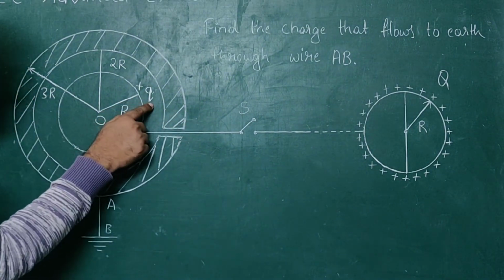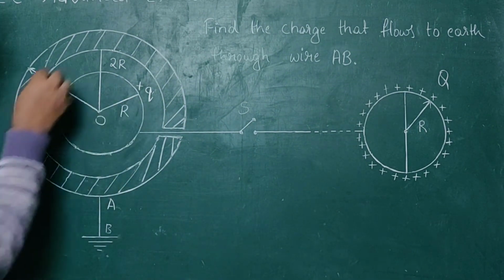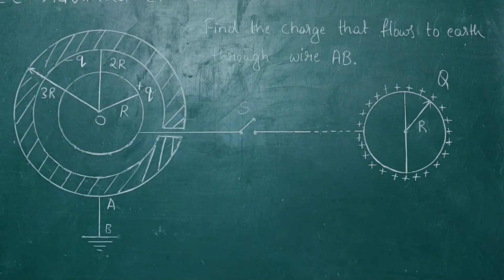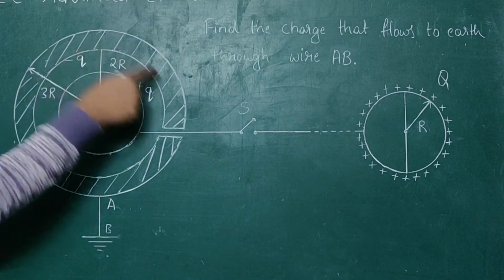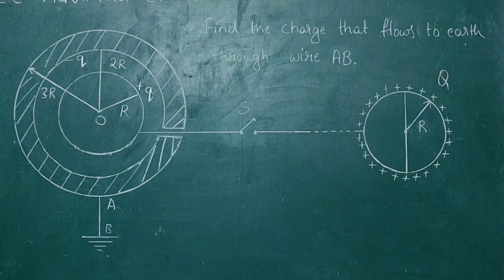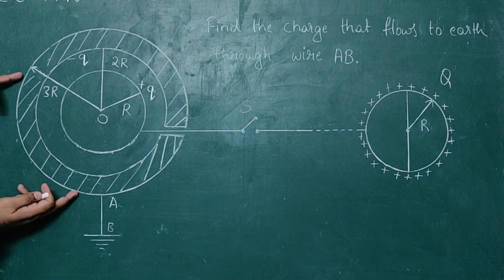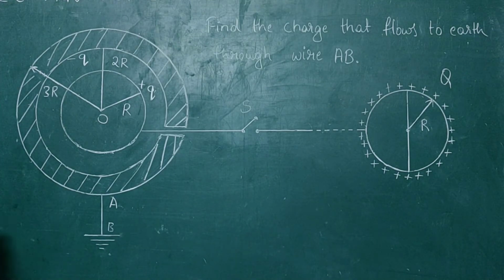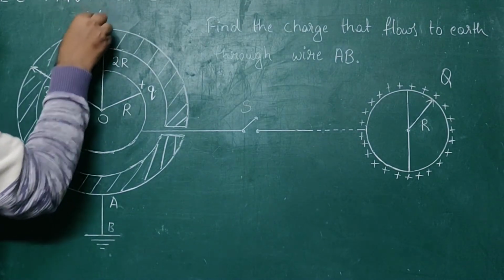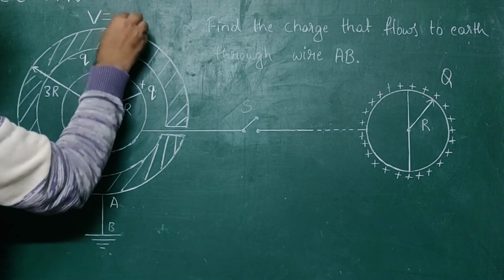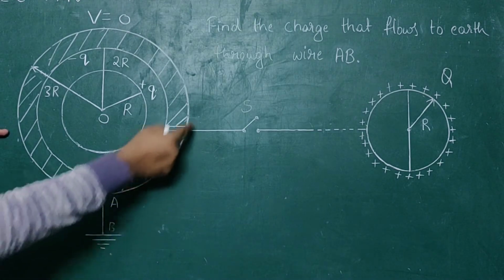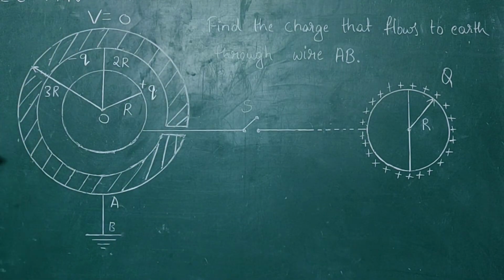This positive charge +q induces an equal amount of negative charge, -q, on the inner surface of the spherical shell. As the outer spherical shell is connected to the ground, the net electric potential at any point on the outer shell is 0, and there is no induced charge on the outer surface of the spherical shell.